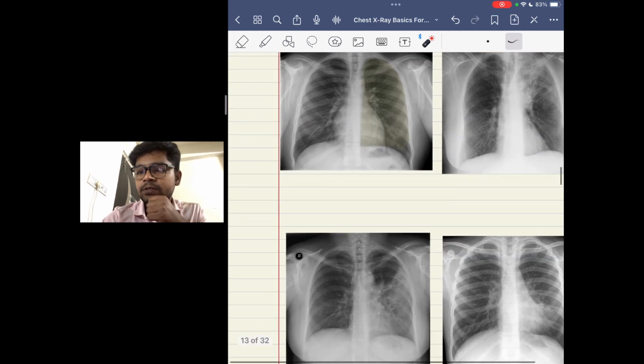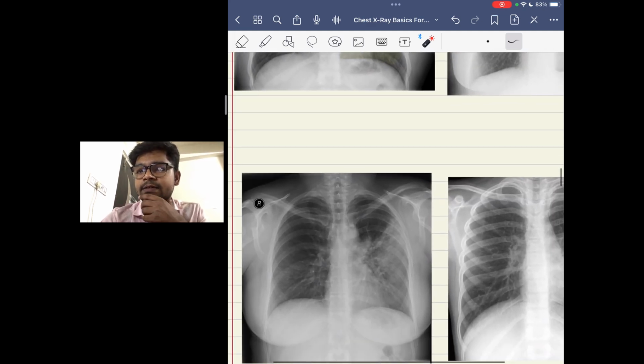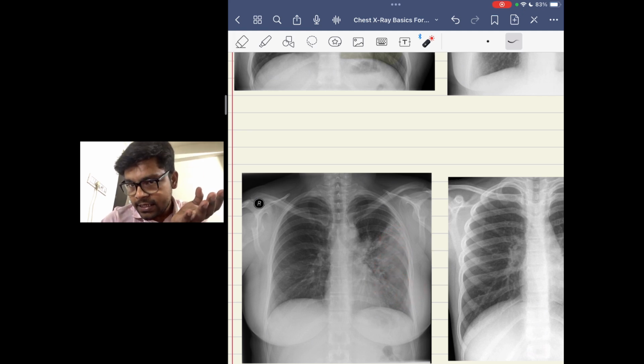Yes. Let us see this X-ray. The superior part of the right upper lobe is relatively free, but this is opacity. Now, which lobe, if I want to say? You can see that the air bronchogram is seen properly here. This is the part of air bronchogram. This is a relatively homogeneous opacity, but can you identify the left heart border?